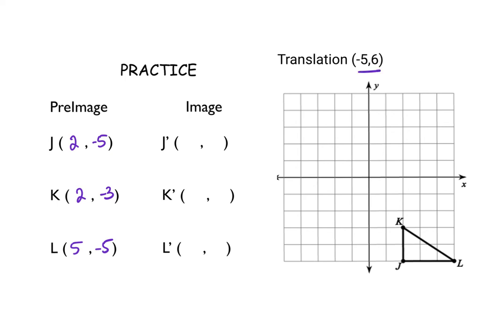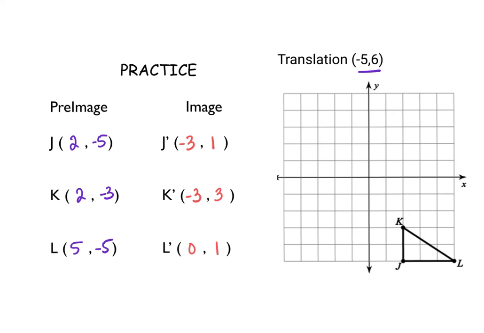So if I want all of these, I'm going to say 2 plus a -5 gives me -3. -5 plus 6 gives me 1. 2 plus a -5 gives me -3. -3 plus 6 gives me 3. 5 plus a -5 gives me 0. -5 plus 6 gives me a 1. And those are my new coordinates.